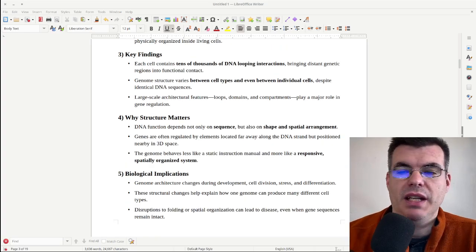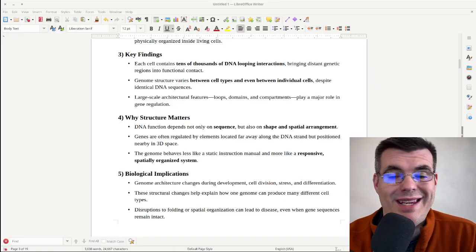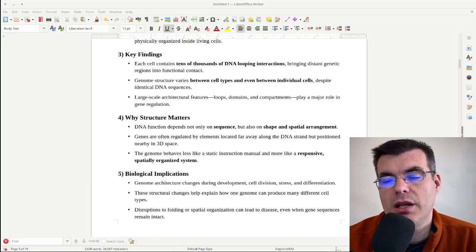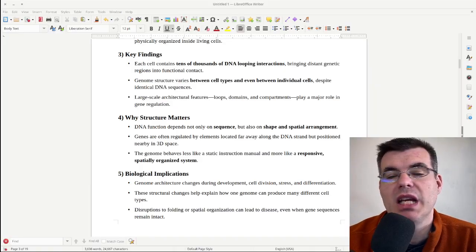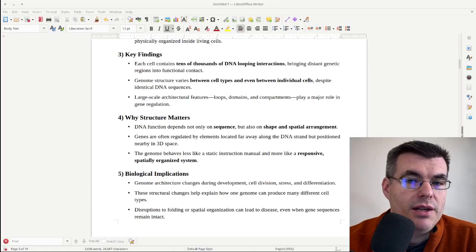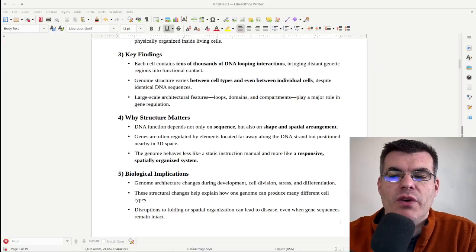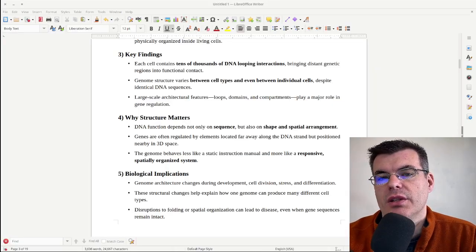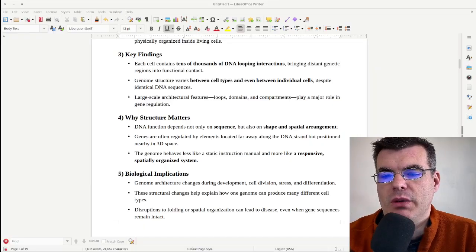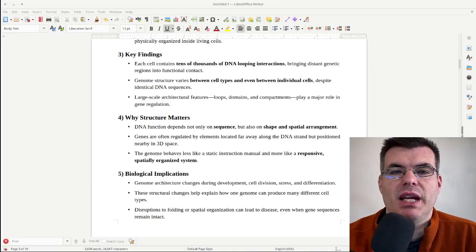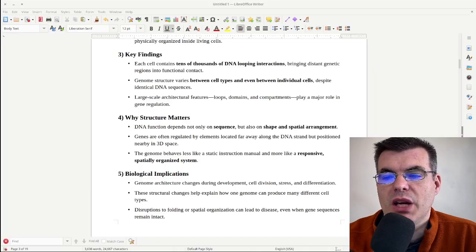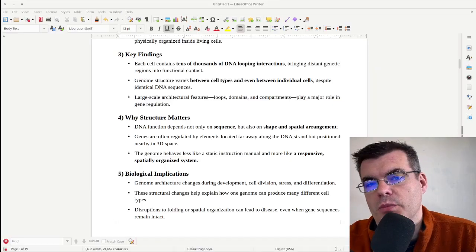The key big findings that we should know about. Each cell contains tens of thousands of DNA looping interactions. Yeah, tens of thousands, and this is each cell, by the way, bringing distant genetic regions into functional contact with each other. Think of spaghetti, which we'll talk about a little later. It's kind of like spaghetti looping around each other, and the loops are brought in close contact.